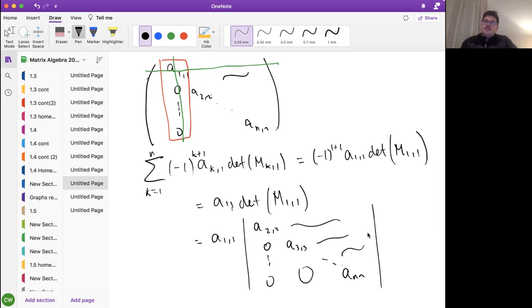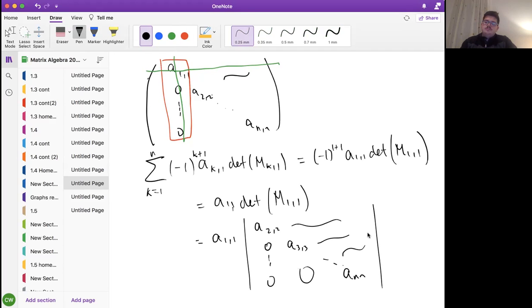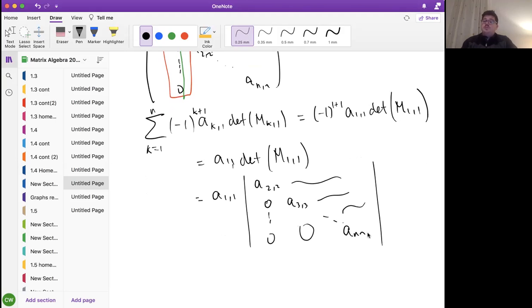So what do you think you would do next? So now we have this determinant to deal with. So what's the determinant of that? We can do it again. Yeah, let's take the first column.